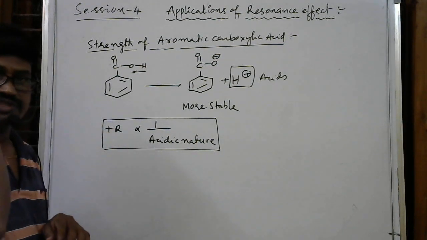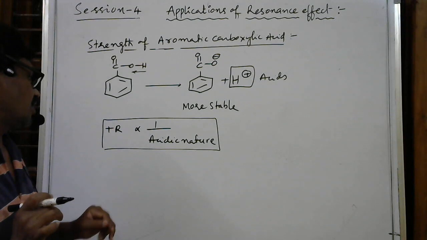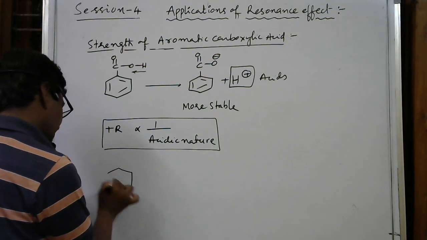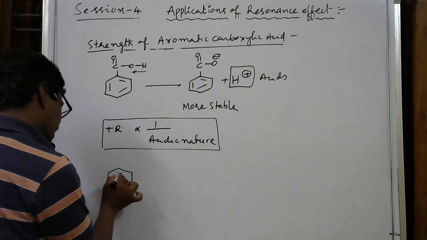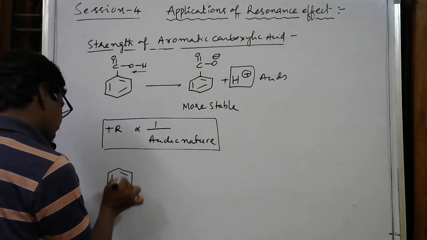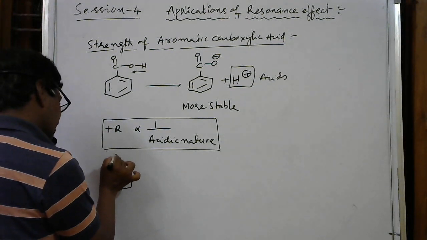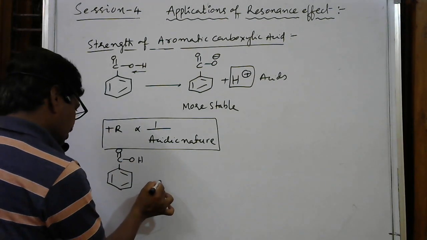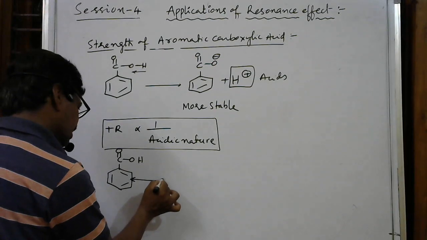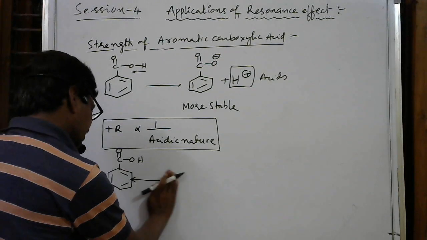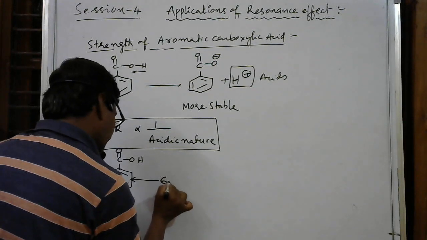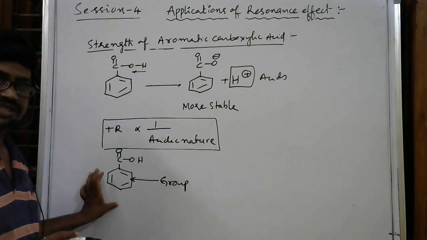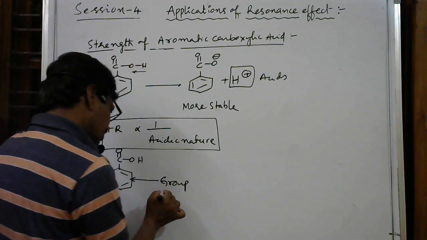Here I am taking an example: the electron density is more inside the benzene ring, with C double bond O, OH. The group present on this benzene ring is a plus R group.